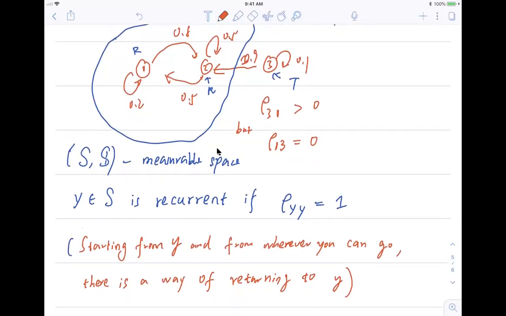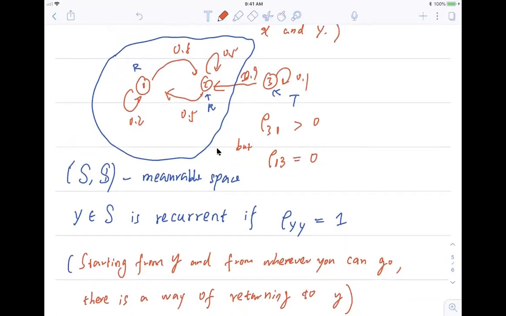From the definition, we can very easily check here that state 3 is transient, not recurrent. Why is this state not recurrent?